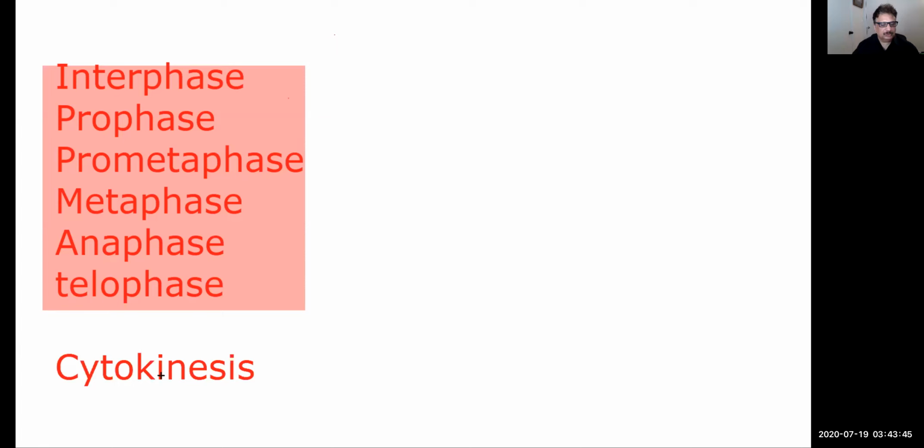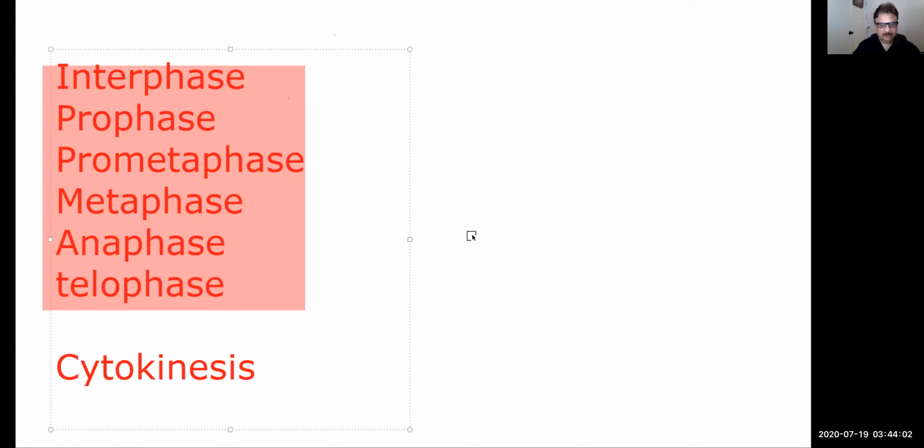Cytokinesis is division of cytoplasm. First karyokinesis occurs, then cytokinesis occurs. And what are the phases? The phases are prophase, prometaphase, metaphase, anaphase, and telophase.